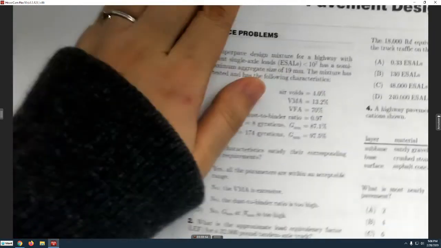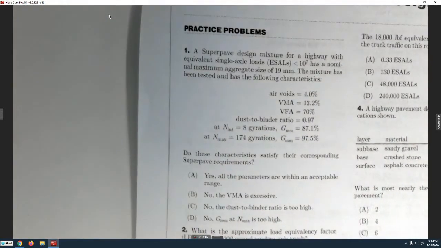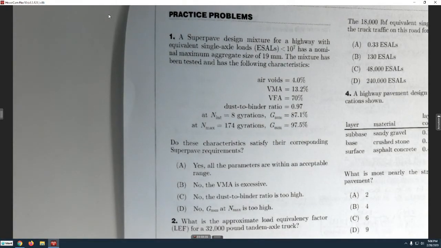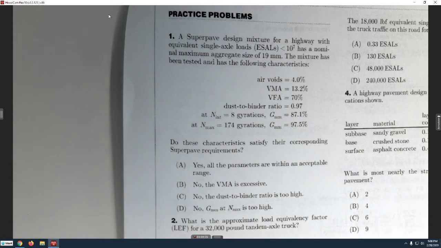Okay, pavement. On your reference book, pavement-related information is page 180 and then page 179.